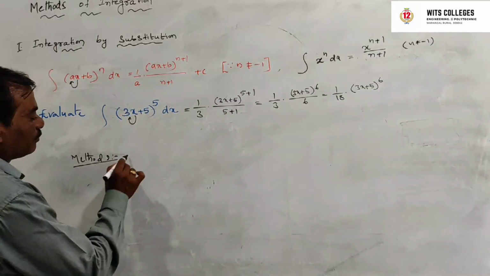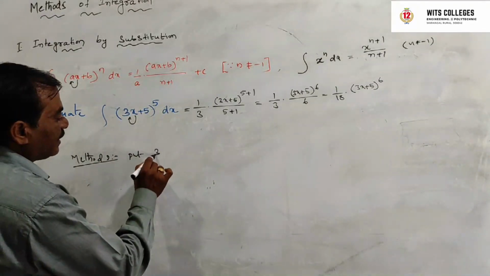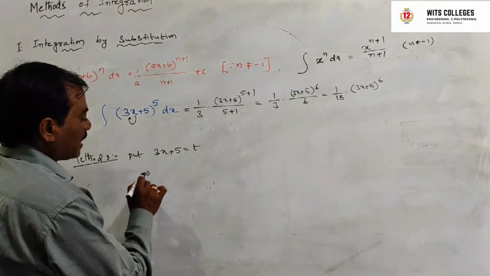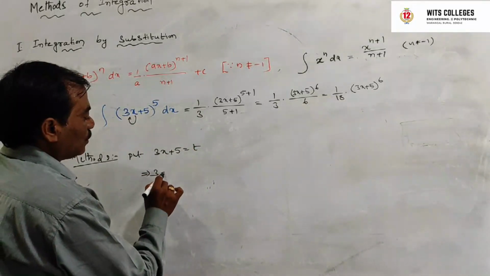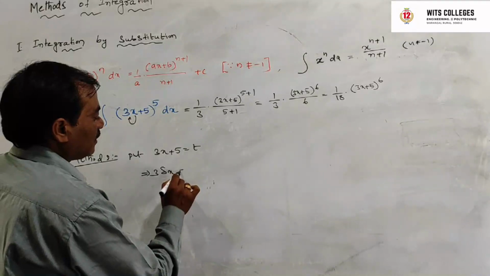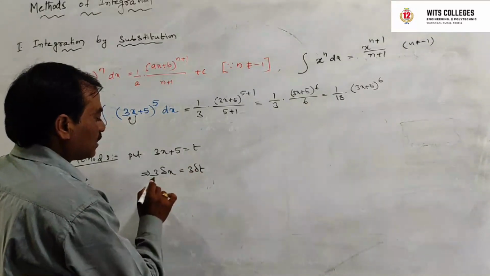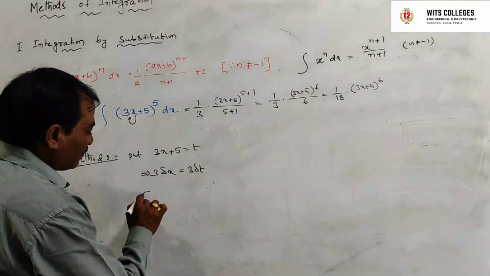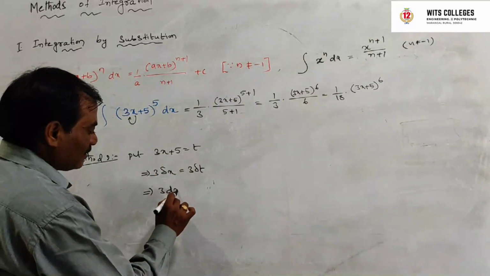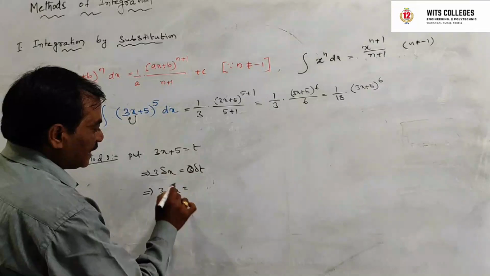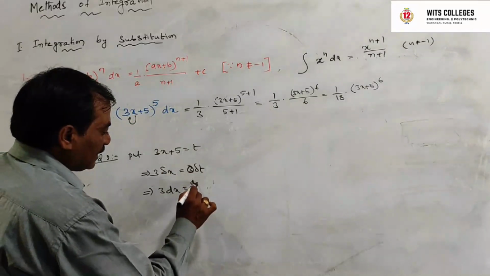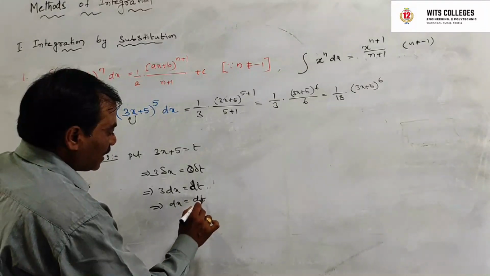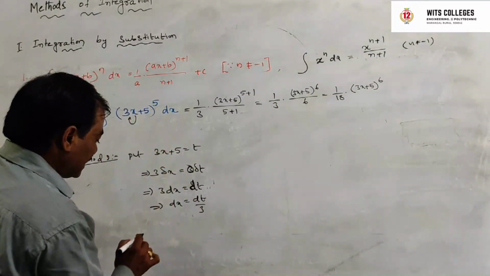Method 2: put 3x + 5 equal to t, which implies 3 dx equal to 3 dt, differentiating on both sides with respect to x, and finally 3 dx equals, sorry, only dt, so dx equals dt/3.